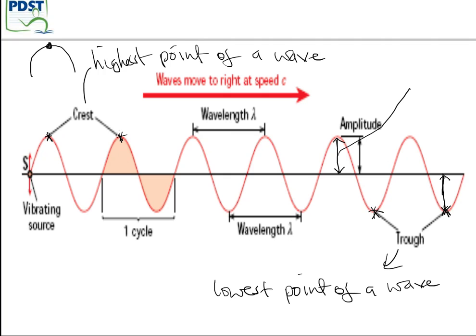So this distance and this distance are called amplitude. So that's the distance from the center of the wave to the highest point or to the lowest point. So I can say distance from, let me give myself space here.